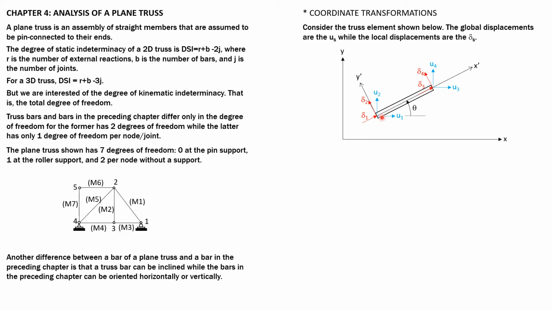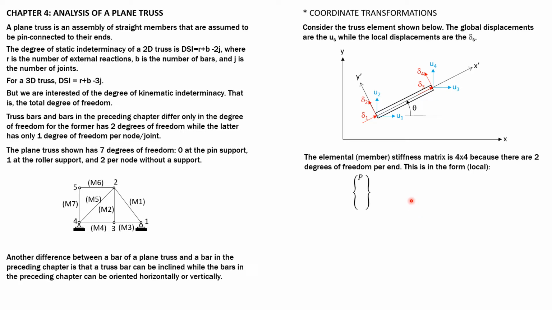So therefore, there will be no P2 and P4 respectively. The elemental or member stiffness matrix is 4 by 4 because there are 2 degrees of freedom per end, so 2 at this end and another 2 at the other end. So that makes it 4 by 4 in this form.